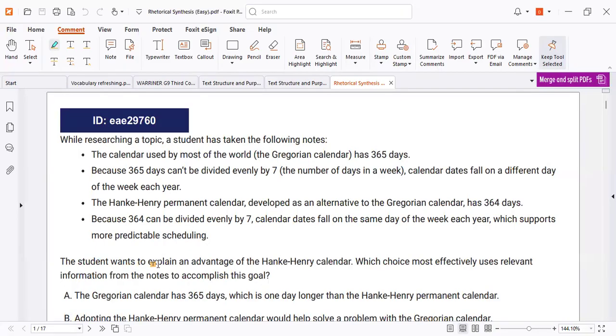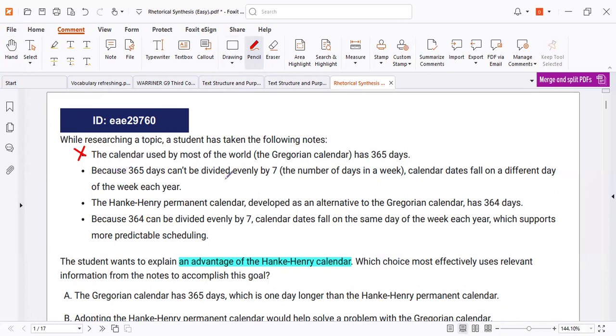The student wants to explain advantage. So we need from the notes the advantage only. And advantage means benefits. So when I read like that, the first point does not mention advantage. Delete it.